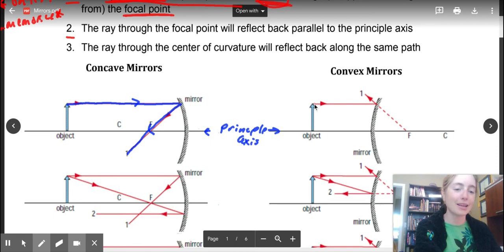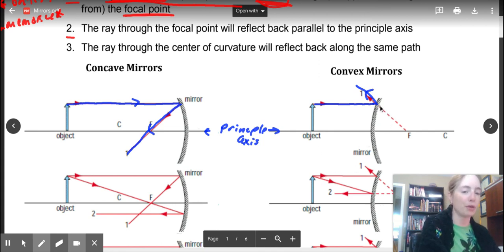And in this case, with our convex mirrors as opposed to a concave mirror, when light hits this, it's going to actually bounce off upwards like that. However, the human brain is going to interpret the image as if it's coming from back here.